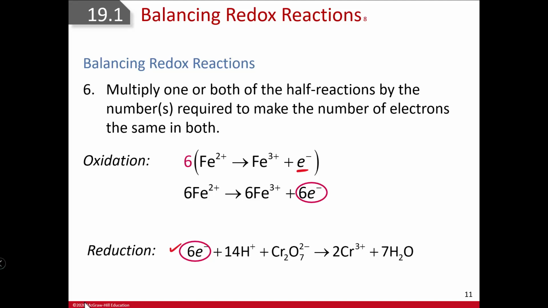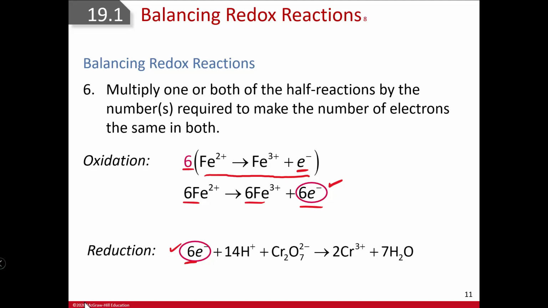So we have to use a multiplier 6 for the entire oxidation half reaction so that the electrons agree: we have 6 electrons on the product side of the oxidation half reaction, and we have 6 electrons on the reactant side of the reduction half reaction. These must be in agreement, otherwise you cannot add these 2 half reactions together.